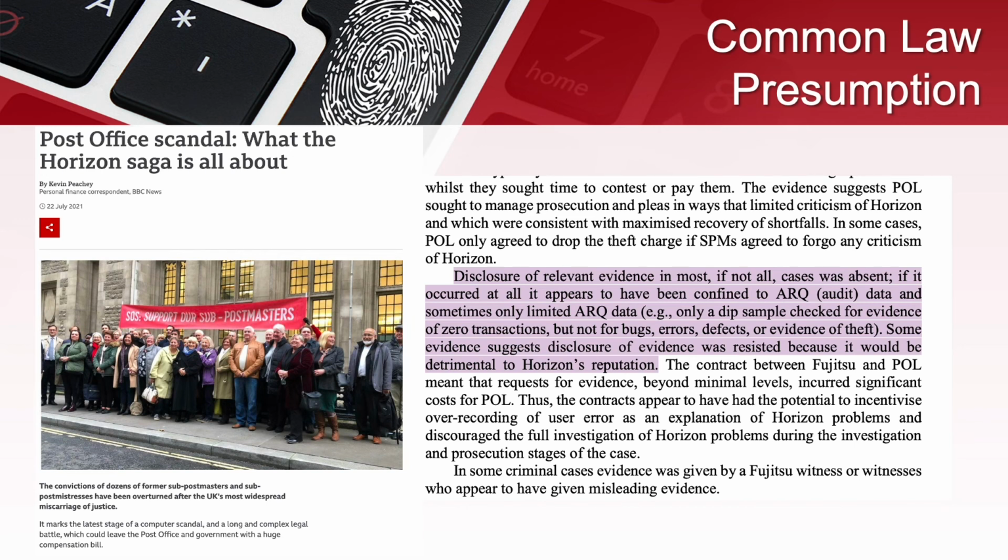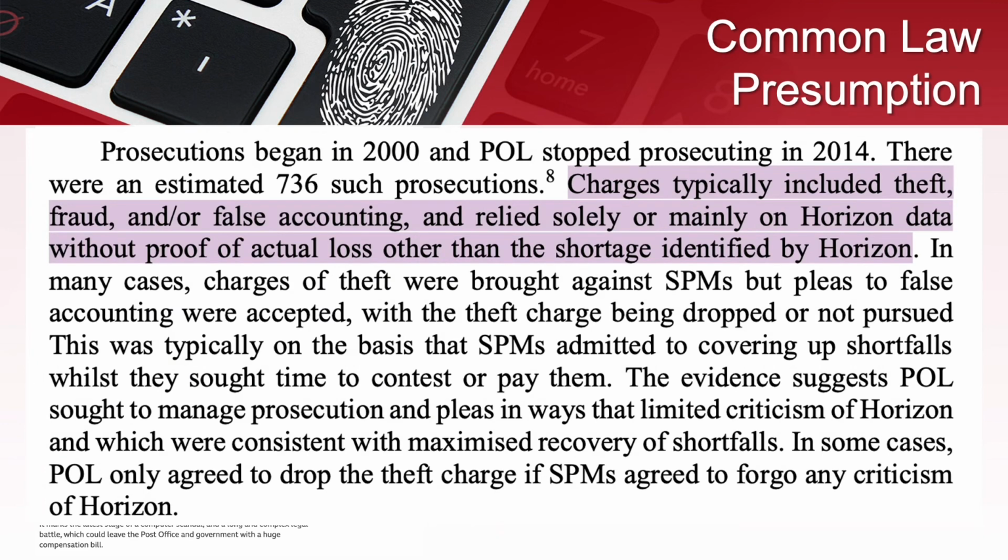The prosecutions were run on the basis that because Horizon's computer system claimed a shortfall existed, and the computer was in all cases presumed to be correct, the shortfall must have existed, and the postmaster must have caused that shortfall through theft or mismanagement. Cases brought by criminalised postmasters against the Post Office for compensation are still ongoing.